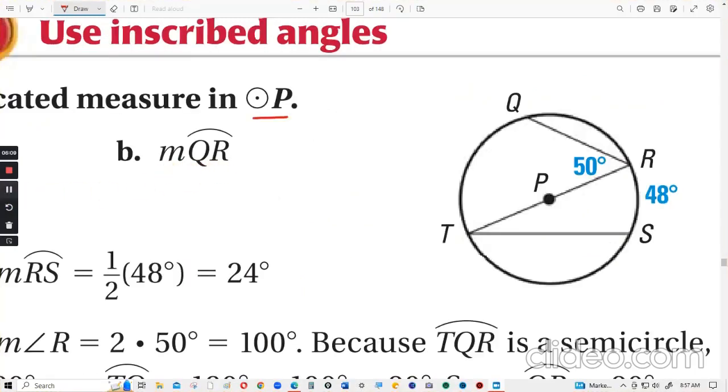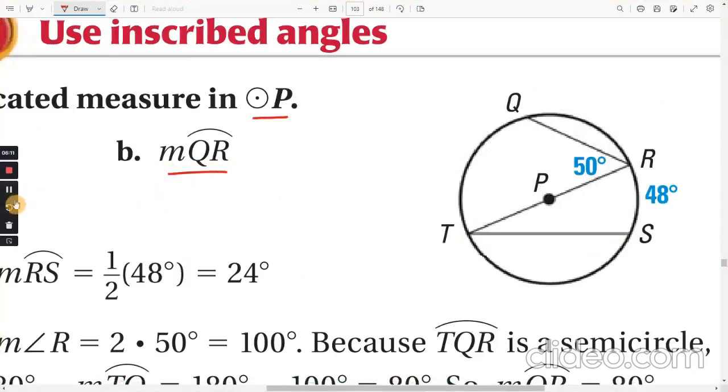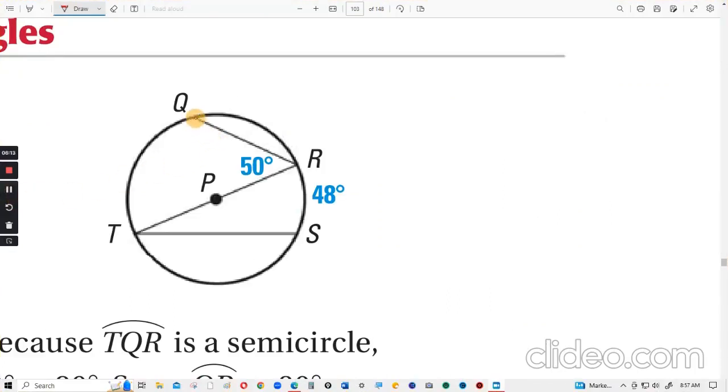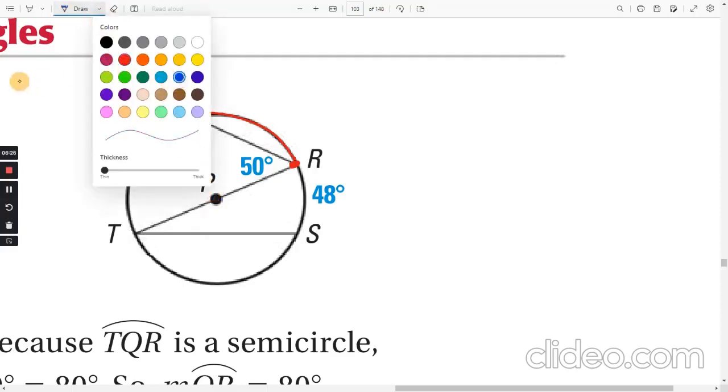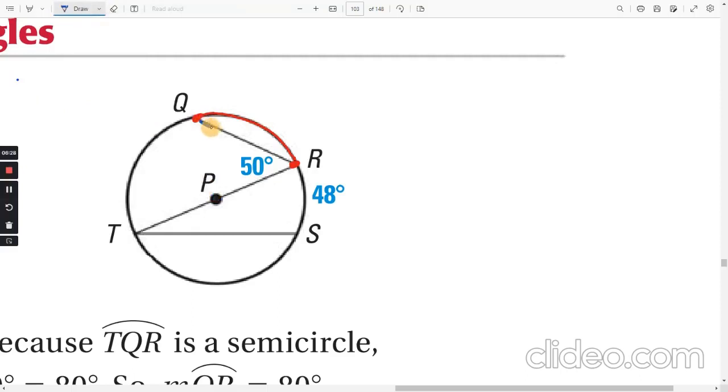Now let's find the measure of arc QR. Here's point Q, here's point R. The arc runs along QR. We do not have an inscribed angle for QR. However, we have this angle right here, that's 50 degrees.